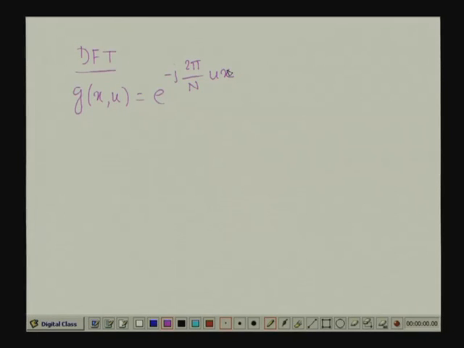Similarly, for the discrete cosine transformation as well as for other transformations like the Walsh transform or Hadamard transform, in all those cases, the transformation kernels are fixed. The values of the transformation kernel depend upon the locations x and u. The kernels are independent of the data over which the transformation has to be performed.